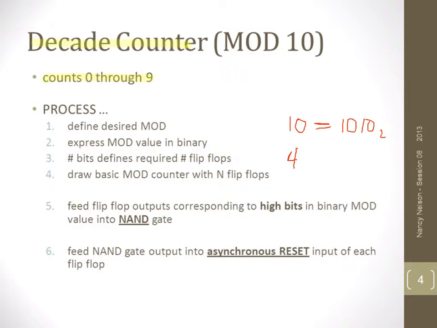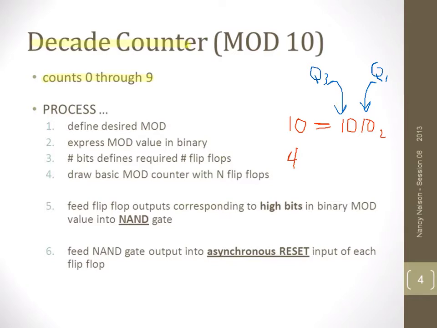So what we need to know is, for these 2 bits, which outputs do those correspond to? Well, the least significant bit corresponds to Q0, so this one corresponds to Q1. Let's mark that on. This corresponds to Q2, and this one corresponds to Q3.